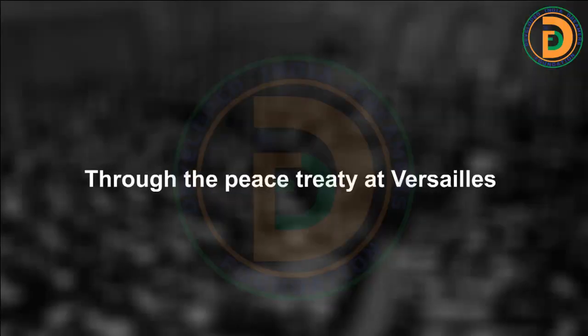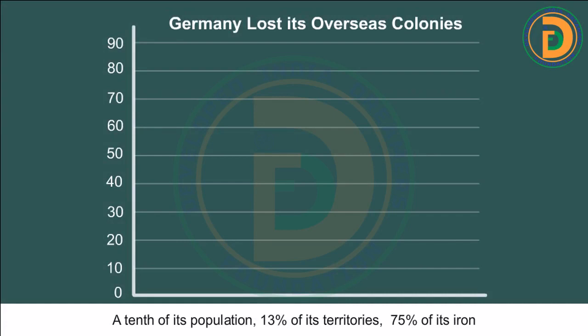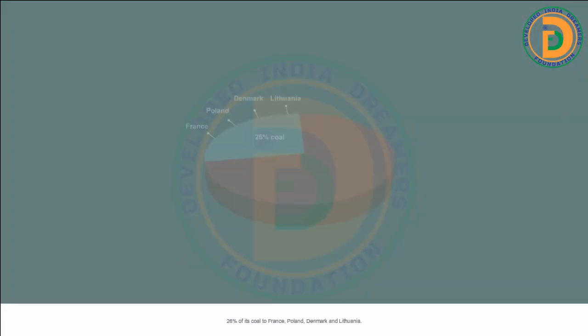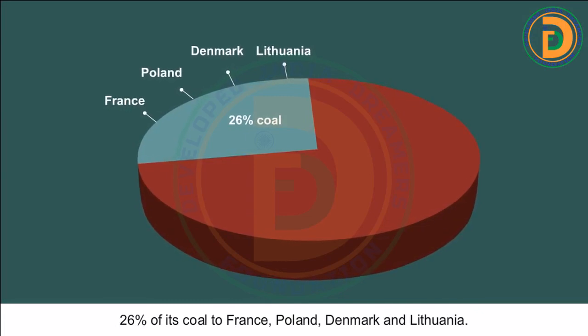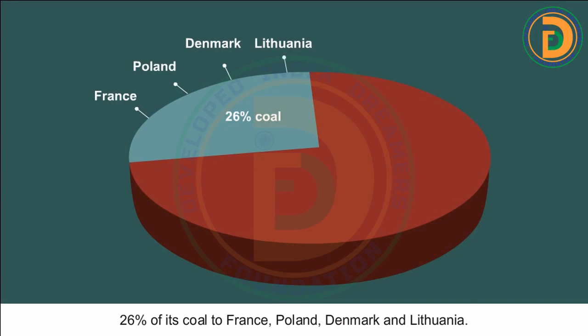Through the peace treaty at Versailles, Germany lost its overseas colonies, a tenth of its population, 13% of its territories, 75% of its iron, and 26% of its coal to France, Poland, Denmark, and Lithuania.